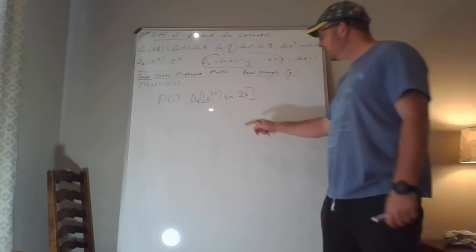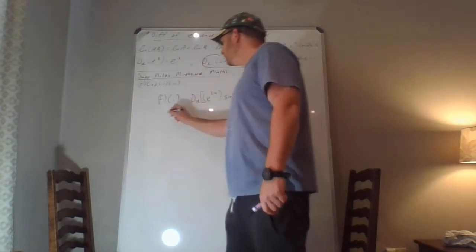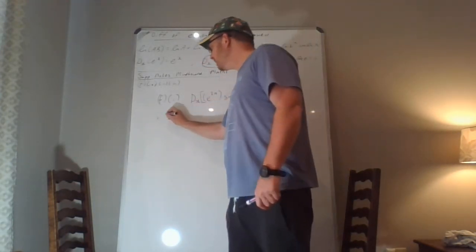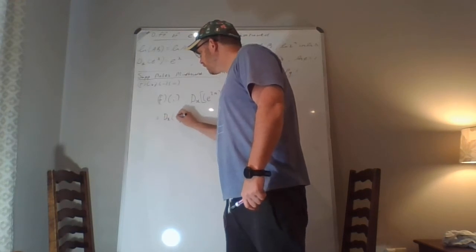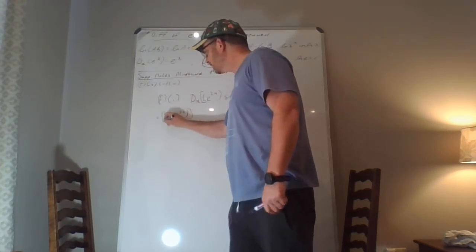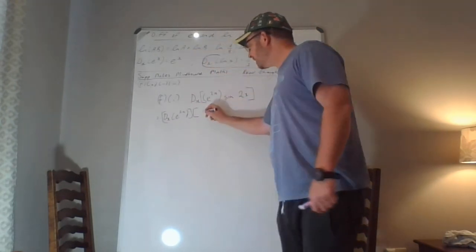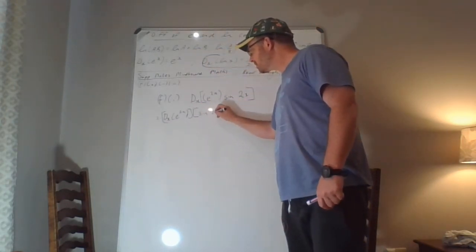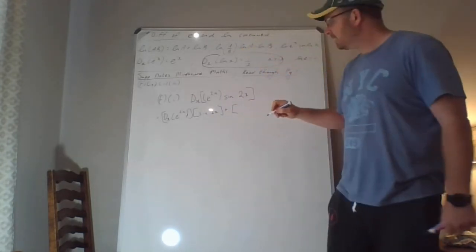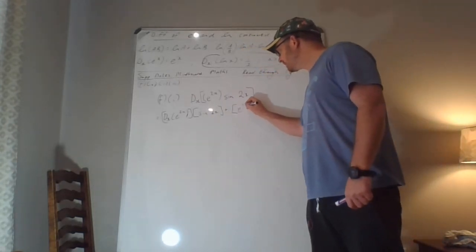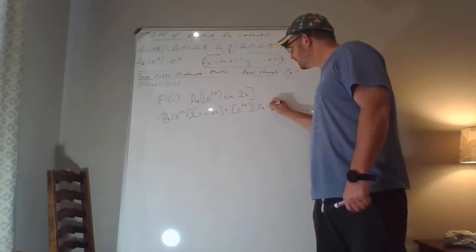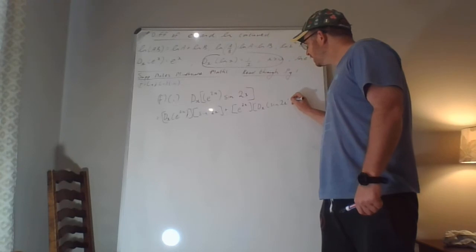Welcome back. Using the product rule, differentiate the first one. It's going to be the derivative of e to the 2x times sine 2x, plus, the other way around, e to the 2x times the derivative of sine 2x.